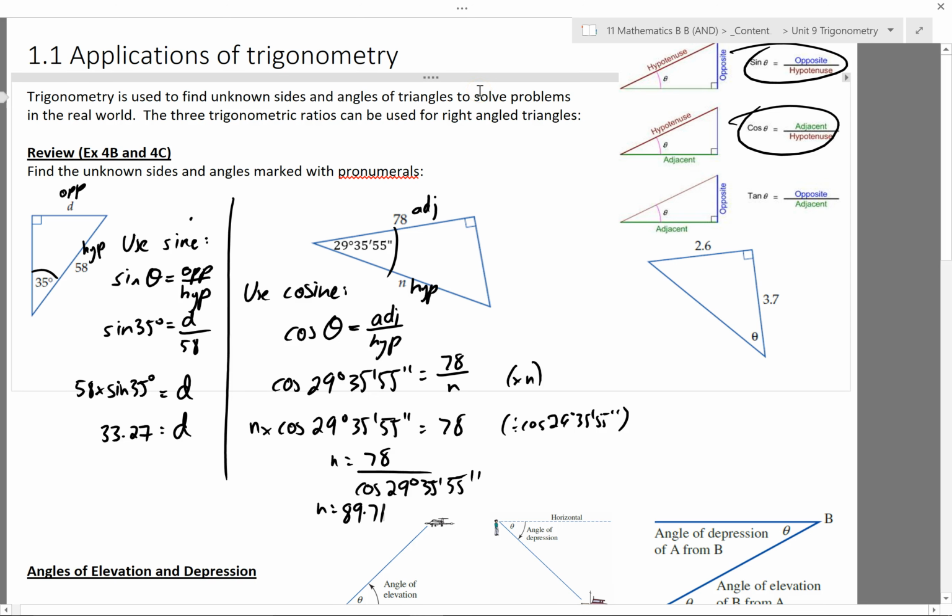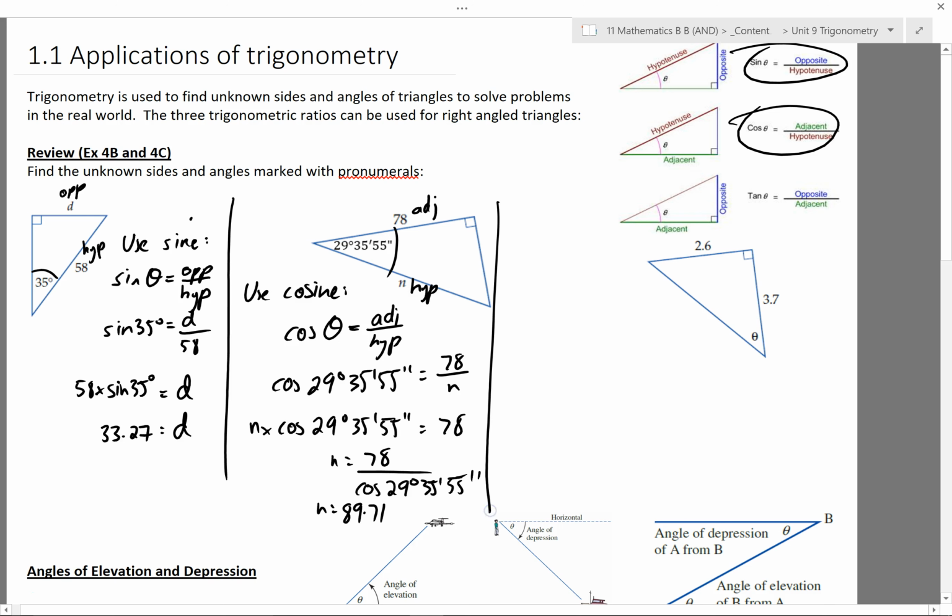All right, so final one for review is finding the angle. So unknown angle here. This is the opposite side. This is the adjacent side. Using tan, write the rule. Substituting the values that I know.